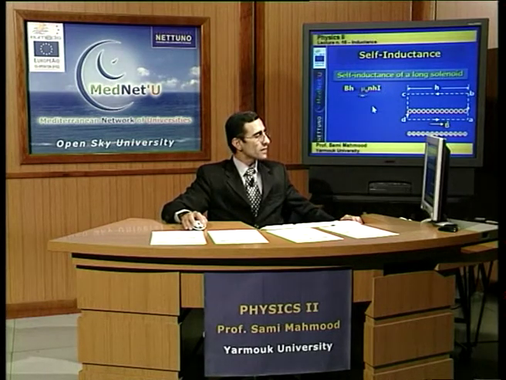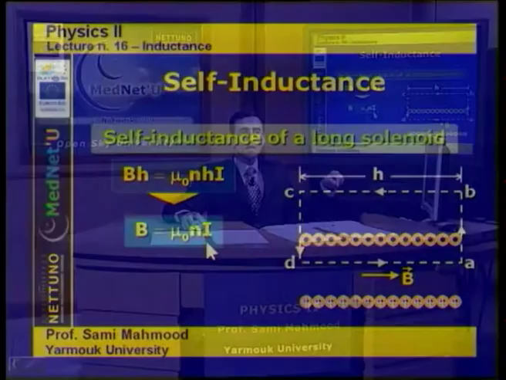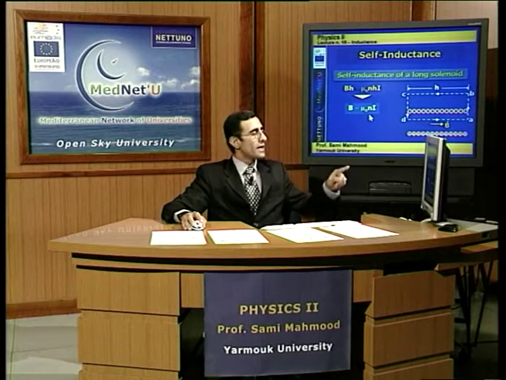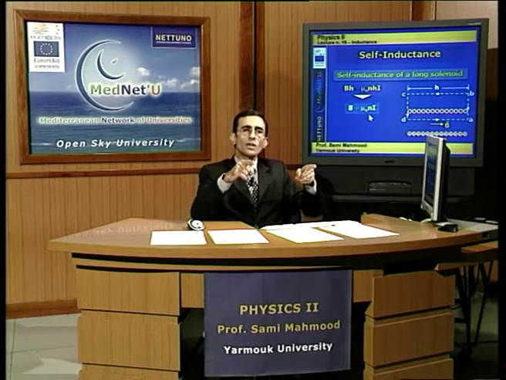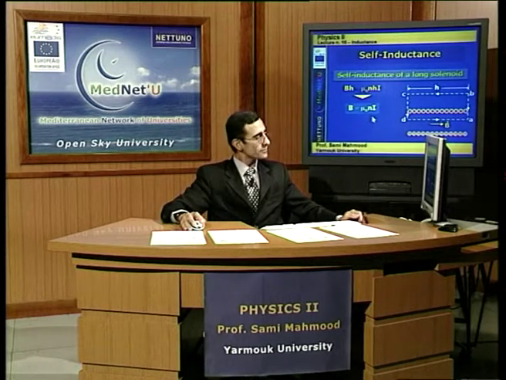So this is the result, and the magnetic field inside the solenoid is accordingly equal to mu naught times n times capital I, where capital I is the current flowing through the solenoid, and small n is the number of turns or windings of the solenoid per unit of its length.